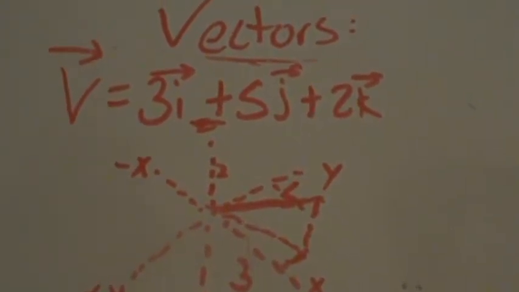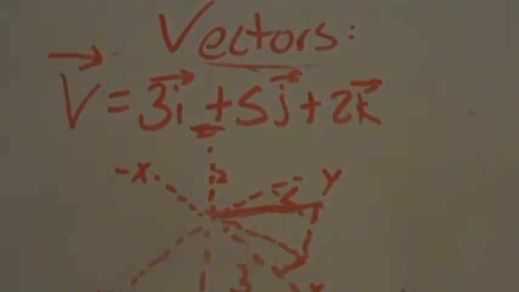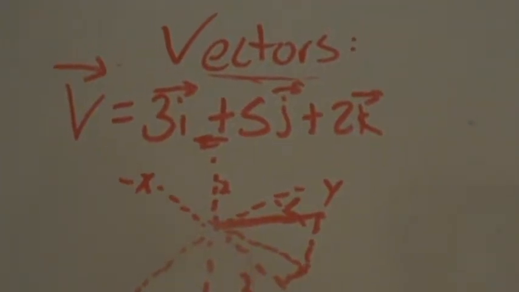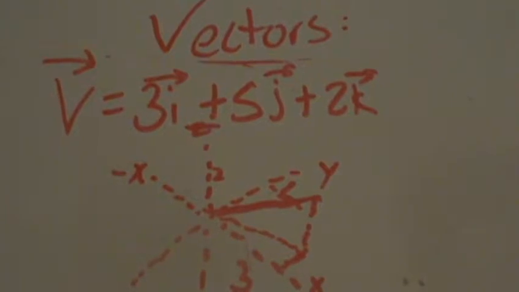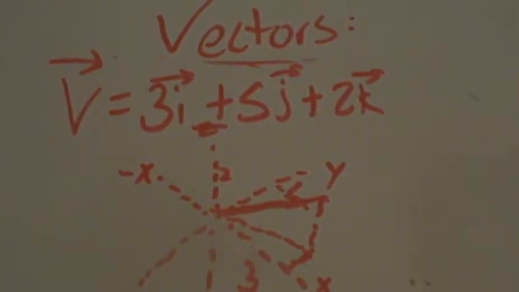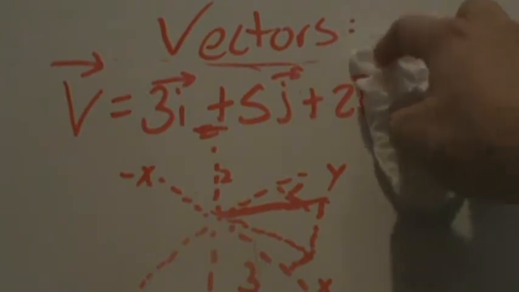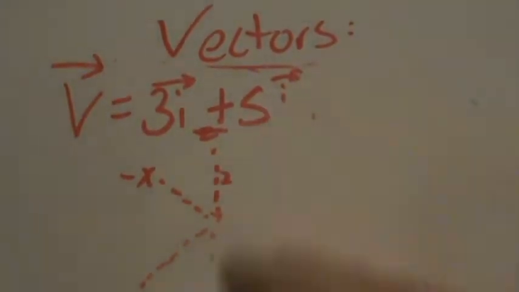Now, you're probably asking me, a vector has to have a magnitude and a direction. Obviously, this has a direction, but how are we going to tell the magnitude? Well, we'll use the Pythagorean theorem again, but this is the Pythagorean theorem that will work in all dimensions, and this is another video I'm going to show at a later date, which will prove that the Pythagorean theorem can be taken to higher dimensions.